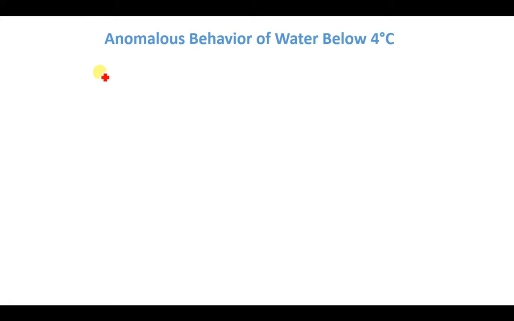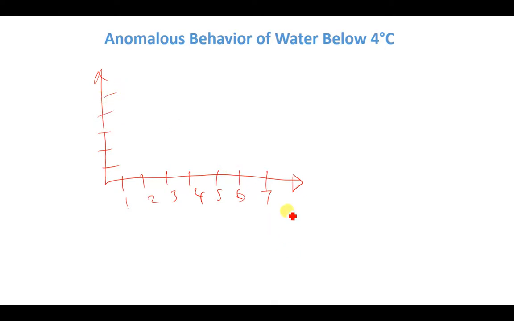For water, when you increase its temperature from 0 degrees, if you have a table like this, with the temperature in degrees Celsius on one side and the volume in cubic centimeters on the other side, as you increase the temperature of water from 0 degrees going up, the volume begins to reduce, and the minimum volume is usually at 4 degrees.